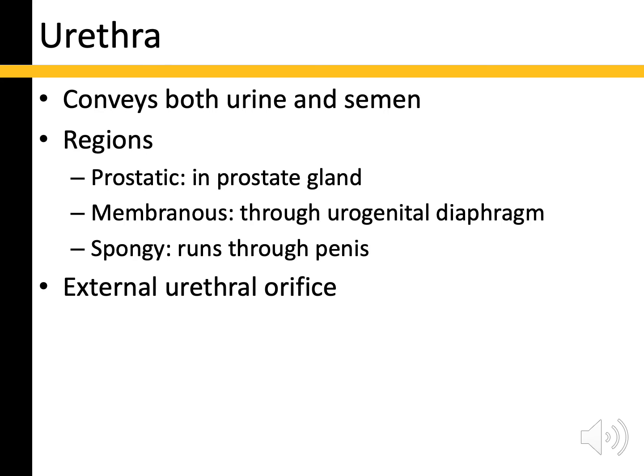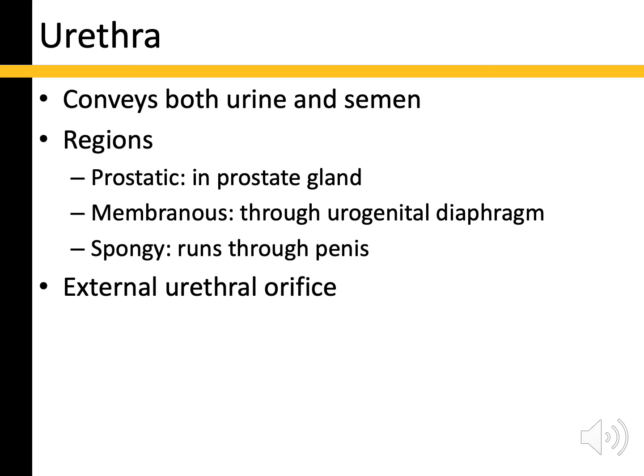And the urethra, for the male at least, is going to be the output for not only the reproductive system and semen, but also the urinary system as well. But the urethra is separated into 3 regions based on the location. Again, that prostatic urethra is going to be found there in the prostate gland.